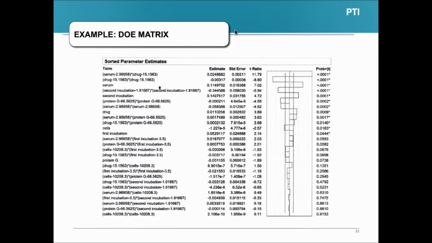And what is interesting here, if you look at the probability on the right side of the table, the first four factors have a probability of 0.001, which means that the first four terms mentioned here are the most influential parameters of your bioassay, which means these are the four influencers that will have the biggest effect on your bioassay if something is not going right. So this can help you to troubleshoot your multi-layered bioassay.